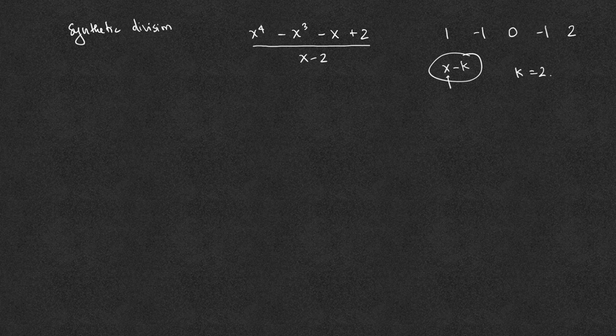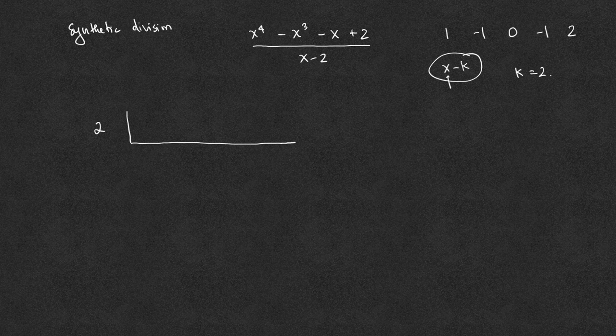We write the number k, in this case it is 2. If the divisor was x plus 2, we would need to write minus 2 instead. And then we would write the vertical bar with the long horizontal line.